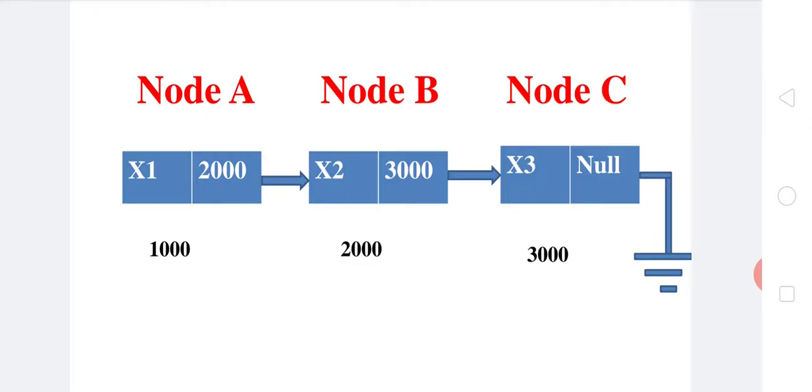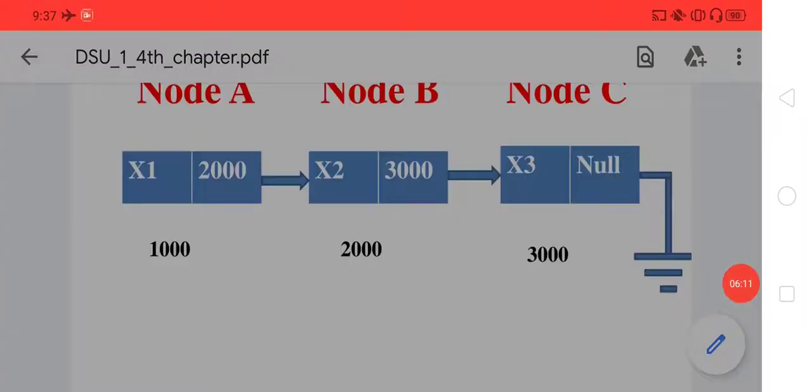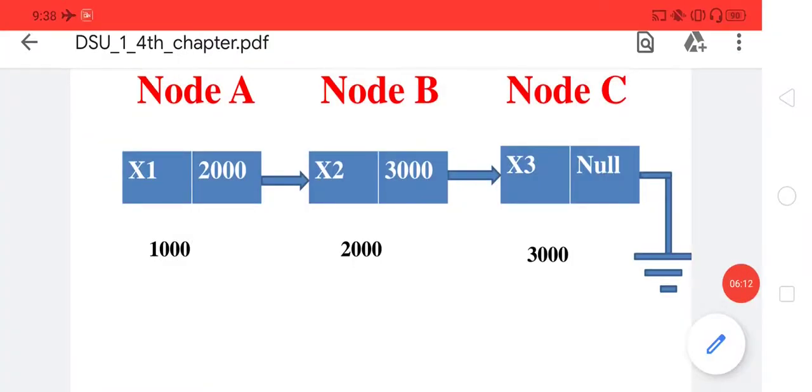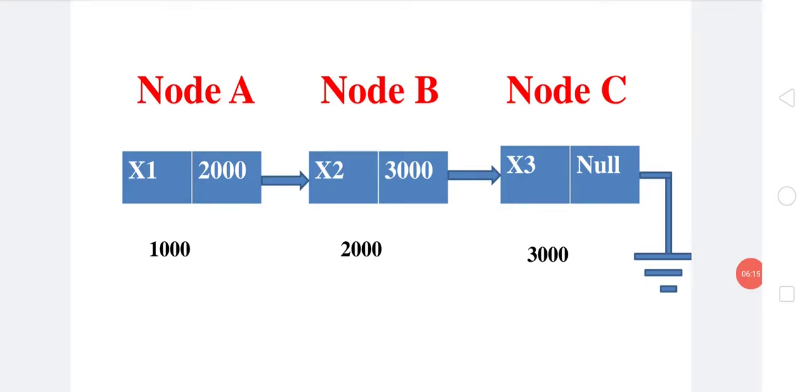Likewise, in node C, x3 is the element or data field, and the next field is linked to null. Node A, node B and node C are connected with each other by using pointers. This is called a linked list.